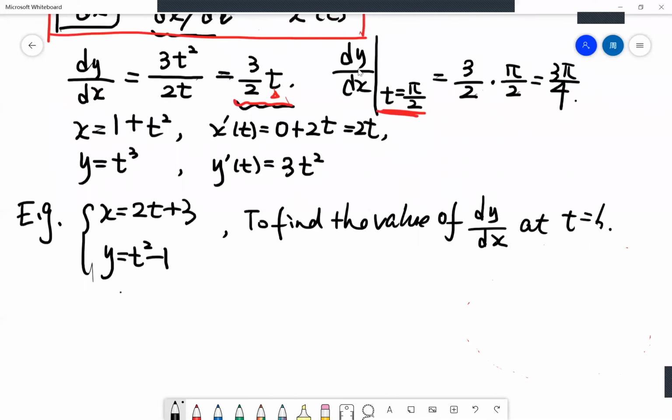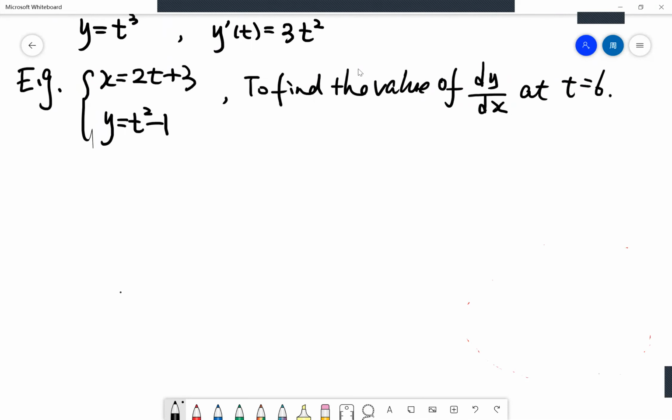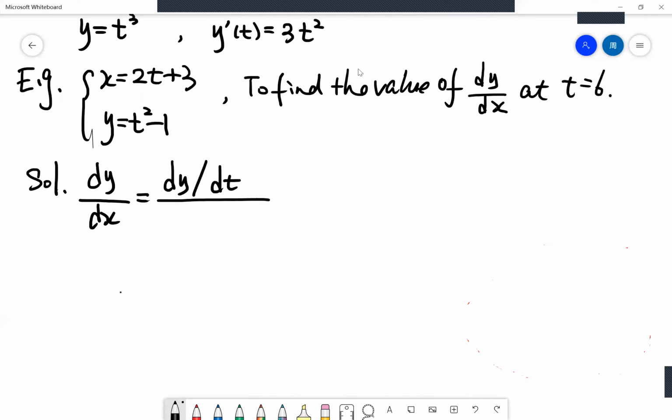Okay, I see most of you can solve it. So here we can see that the first step, we should know dy by dx. So dy by dx equals dy by dt in the numerator and dx by dt in the denominator.